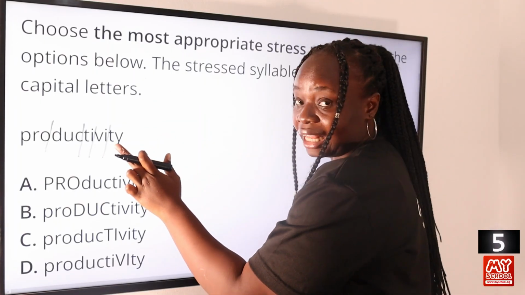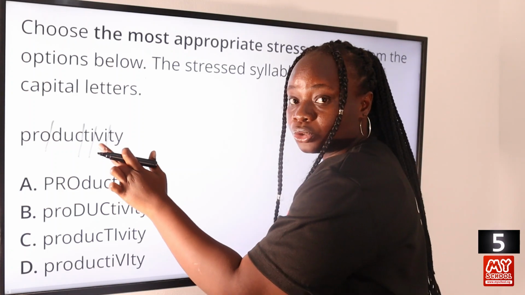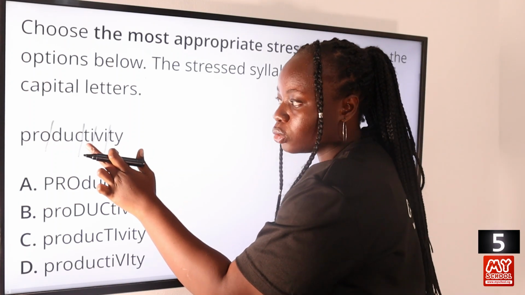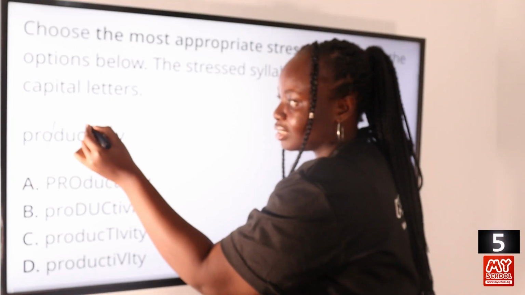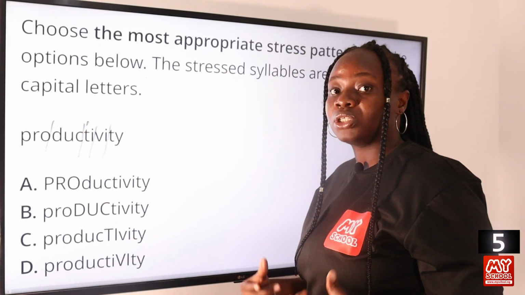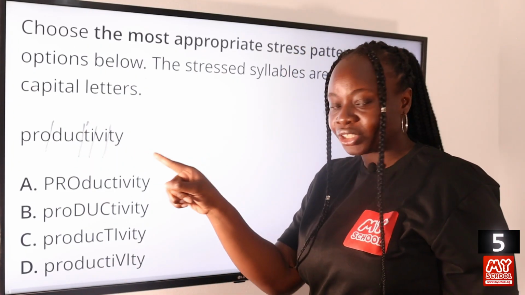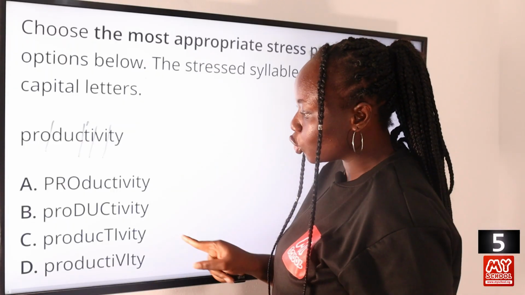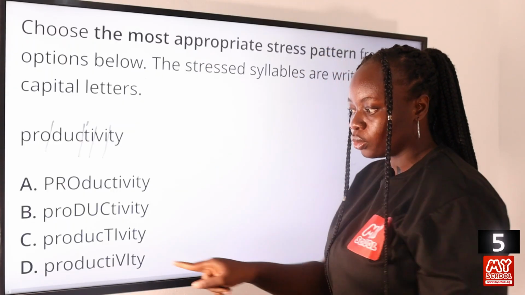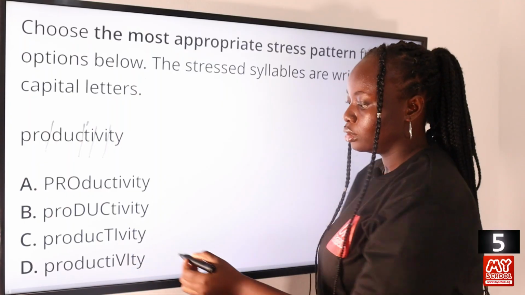This is the last syllable. This is the 2nd to the last syllable. This is the 3rd to the last syllable, the 3rd syllable from the last. So this is where the stress is placed. And when you pronounce it, productivity, you can see that the stress is there. So from this, we can see that option C is the answer to this question because the stress is on the T. So option C.